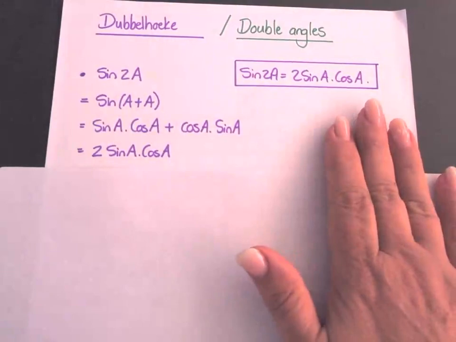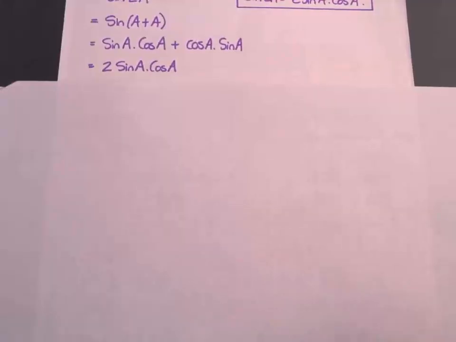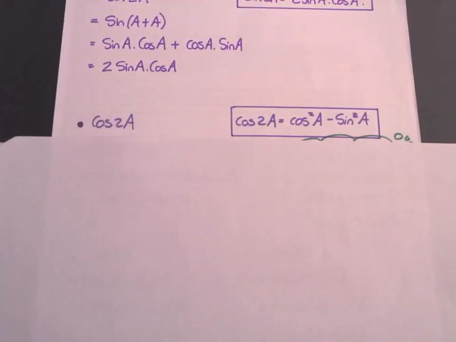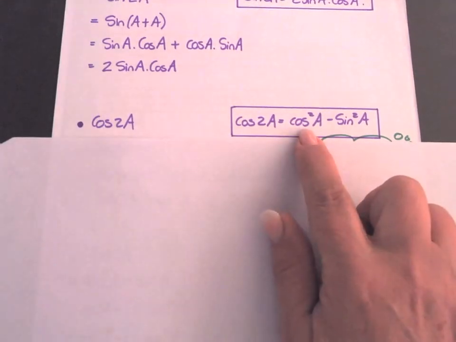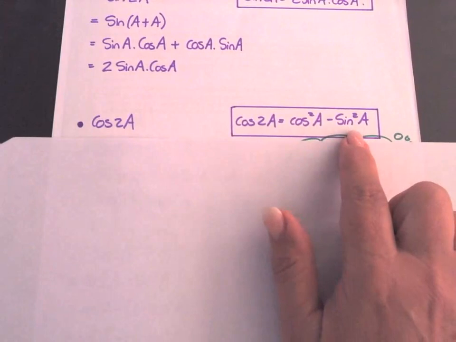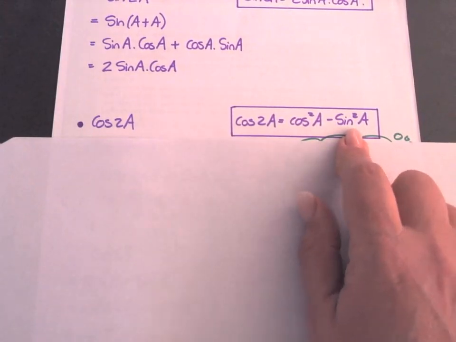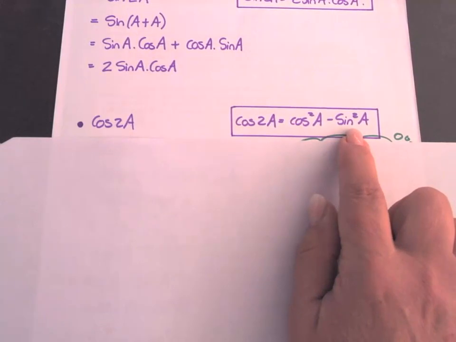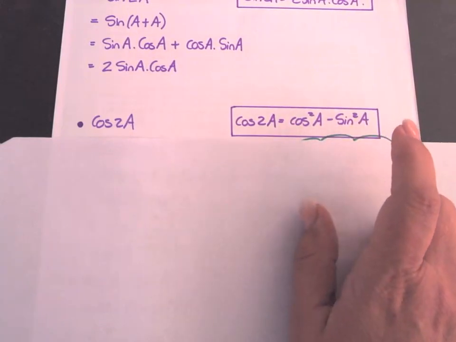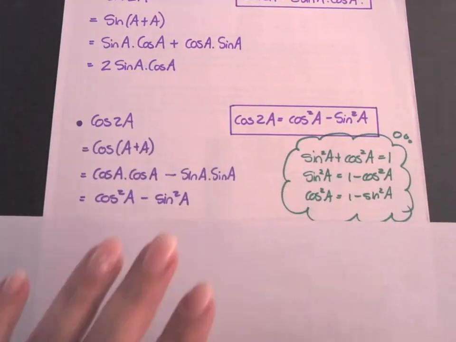Alright. Now let's look at cos. The cos double angle has three options. So there are three formulas for the double angle cos. The first one is cos squared minus sine squared. Now don't get confused with the grade 11 squared identity.